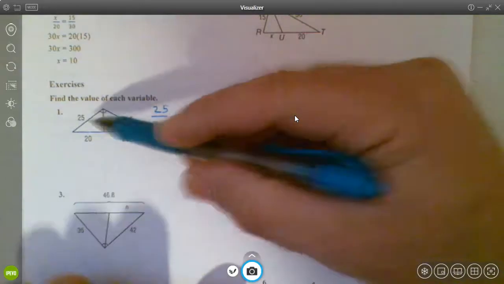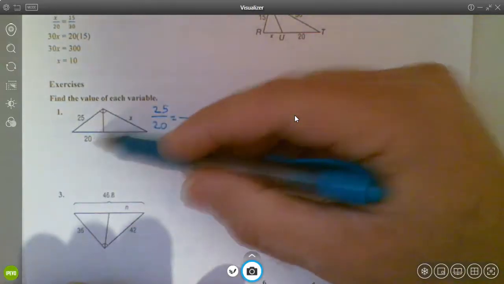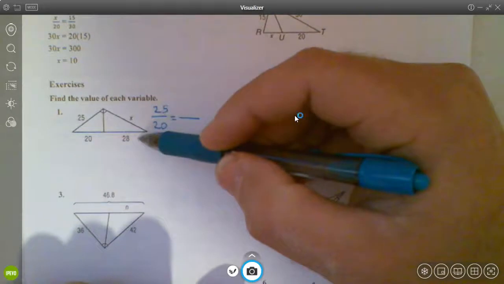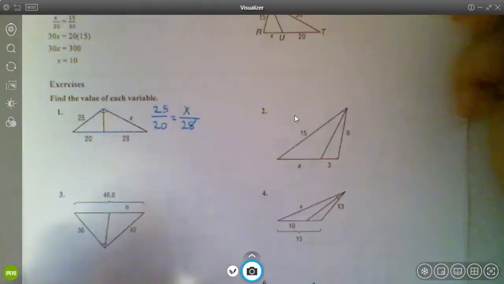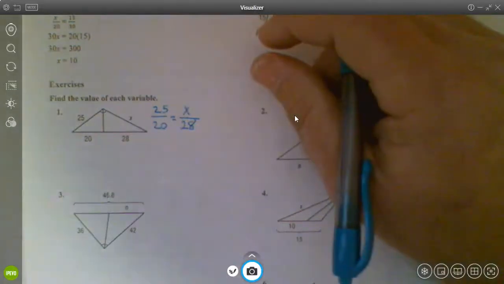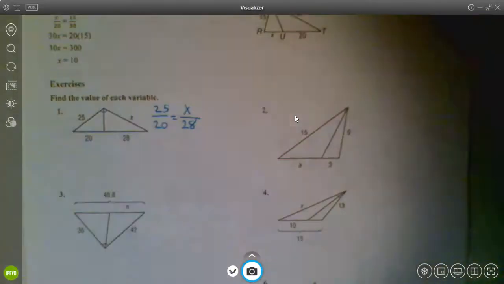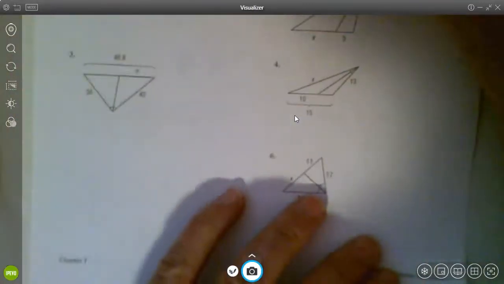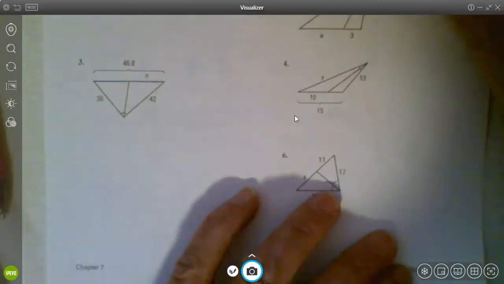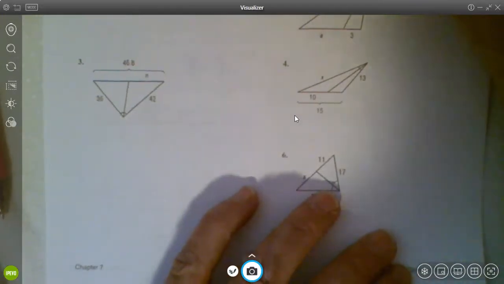So if I did top over bottom on the first one, then I've got to do top over bottom on the second one. And then I know you guys can cross multiply from there. I'm trying to pick out ones that might look a little different to you. Let's look at 3 and 4 because they're a little bit different. Number 2 is just pretty darn identical to the one we just did.